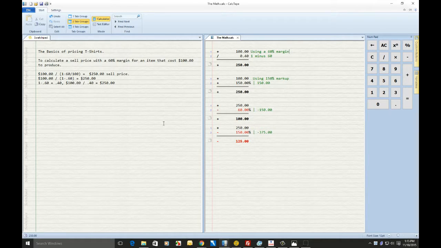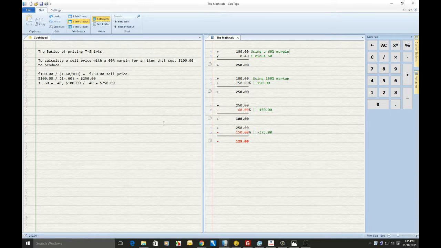Even if you don't know that's what you're using, you're probably using that method for pricing shirts. This is because most normal calculators, when you add percentages in, do it in the method that would be a markup. There are a few inherent problems with using markup that you don't have with margin, but they are different in the percentage numbers that you use.